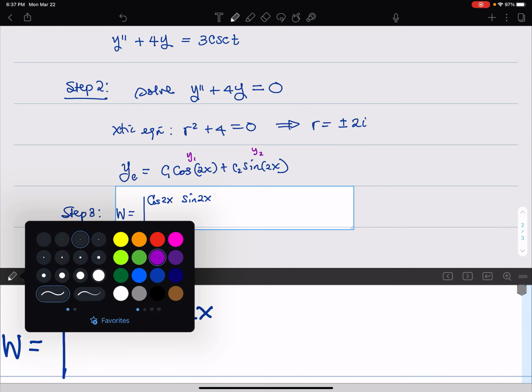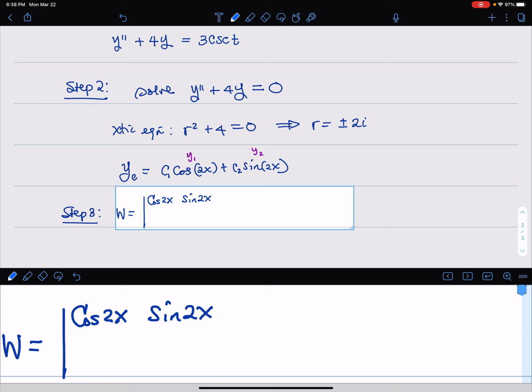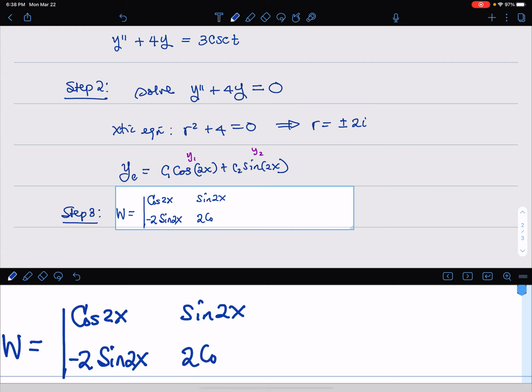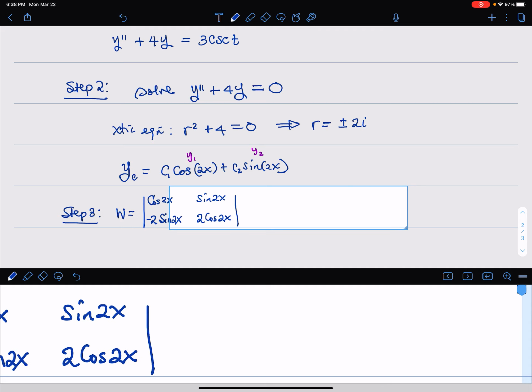So cosine of 2x, sine of 2x, and then its derivative, negative 2 sine of 2x, and then this is 2 cosine of 2x, I believe. Yes, I think I'm right.